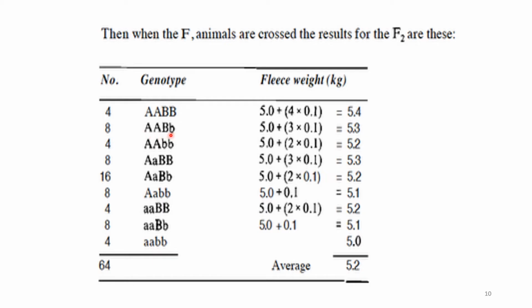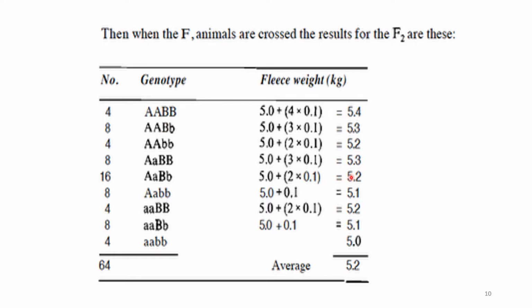All animals with this genotype, we have 3 times 0.1. This small b is neither antagonistic nor complementary. It's adding nothing. It's at 0 to the baseline. So this will be 5.3. And as you carry out those substitutions, you notice a reduction. And when there's an increase in the dominant gene, there's also an increase in the fleece weight.